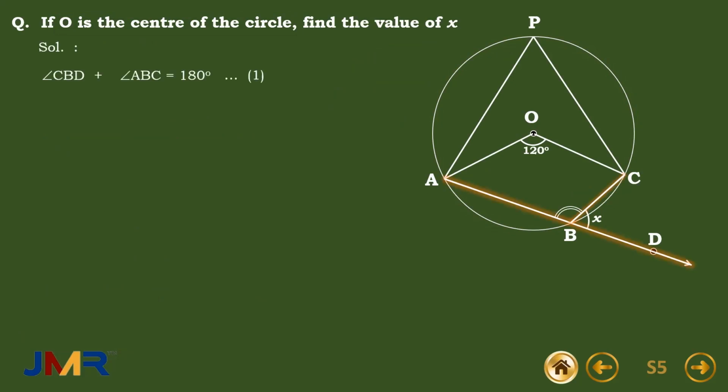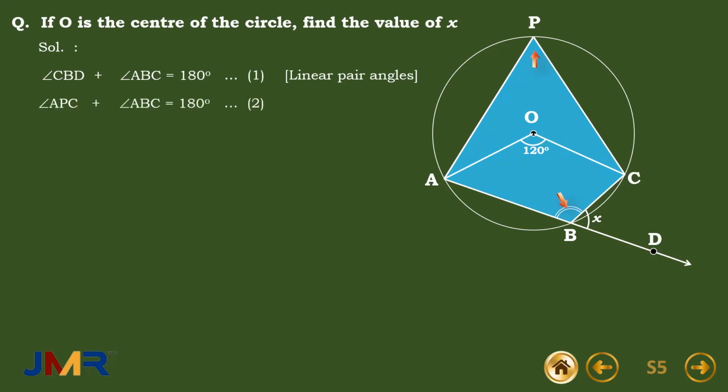Angle CBD plus angle ABC is equal to 180 degrees. Why? Yes, you are correct. It is a linear pair. And ABCP is a cyclic quadrilateral. Therefore, the sum of the opposite angles is also 180 degrees. That means angle APC plus angle ABC is equal to 180 degrees.